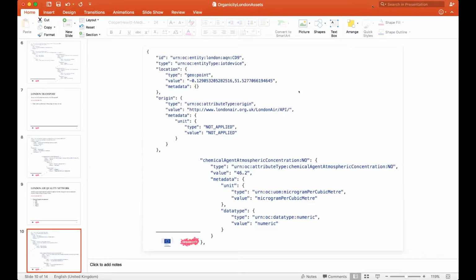You've got the location where the device is, and for example, for this nitrogen oxide, you can see that they measured micrograms per cubic meter, and that was 46.2 at the last measurement. I see that we don't have time, which is probably a bug, but we should put that on the list to fix, to have a time value here.